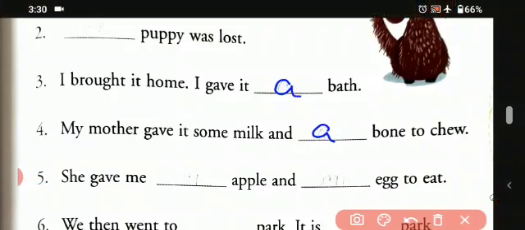Then the next one. She gave dash apple and dash egg to eat. So in this, we will be using an apple. That is a vowel, so we will be using an. And in the other one, where it is egg, E is a vowel. So we will be using an egg to eat.